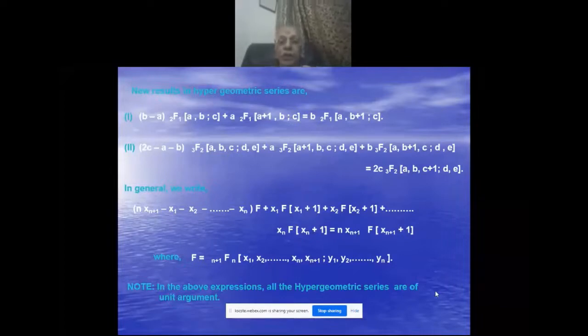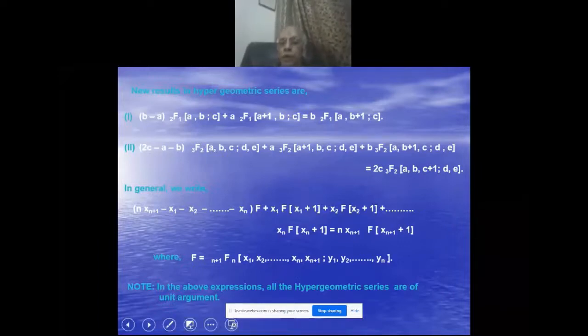Now, it was my pleasure to discover four-term recurrence relations, which I think are extremely new in the area of hypergeometric functions. Now, these new results are the ones which I have shown here, where you can have three-term recurrence relation, four-term recurrence relations, and you can write it down for a general hypergeometric function.